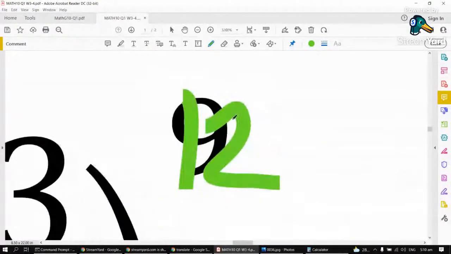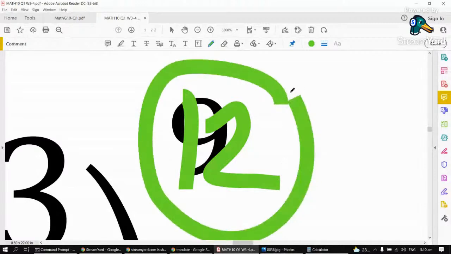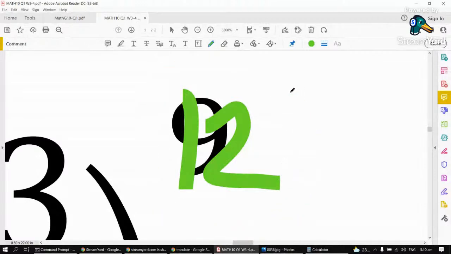Ang 12 ay nagtatapos sa 2. Pwede nating i-divide 'yan sa kalahati. Ang kalahati ng 12 is 6. Okay? So, ibig sabihin, ang 12 ay meron siyang kalahati. Ibig sabihin, siya ay even number.